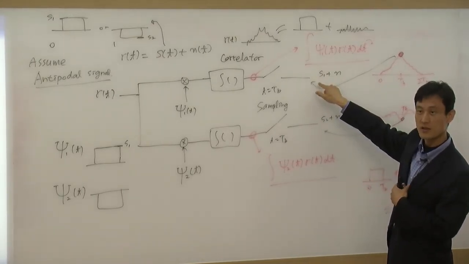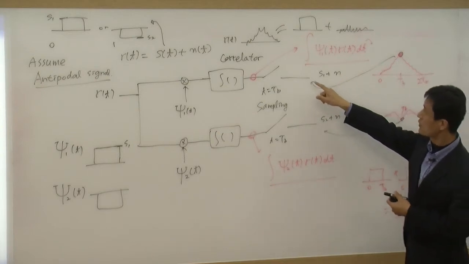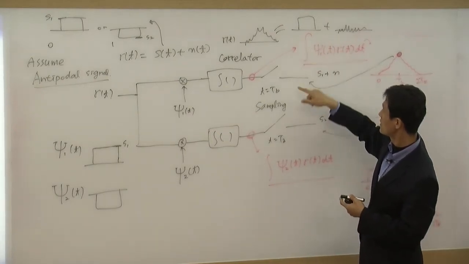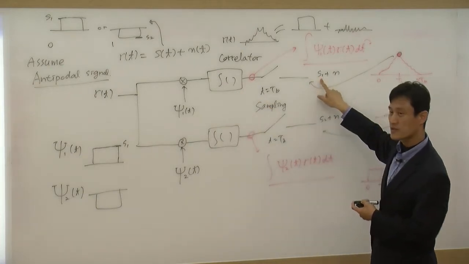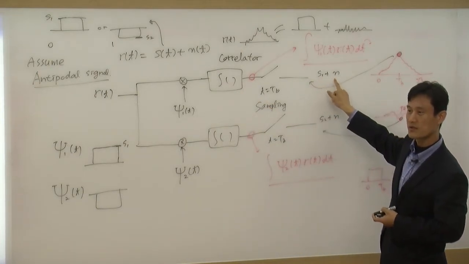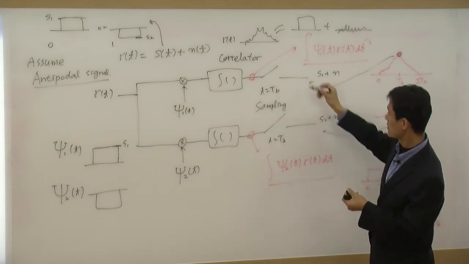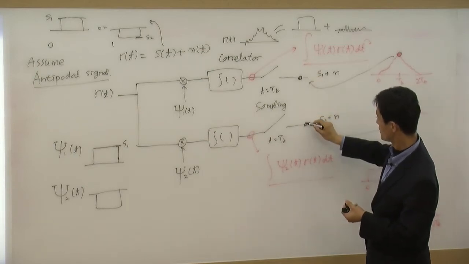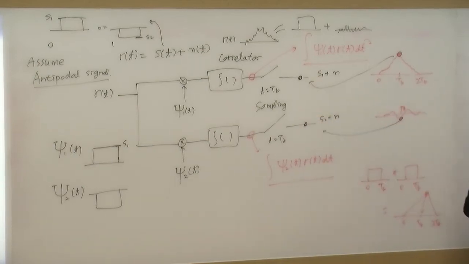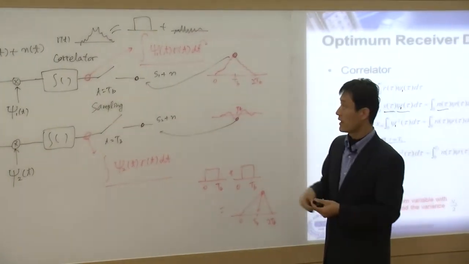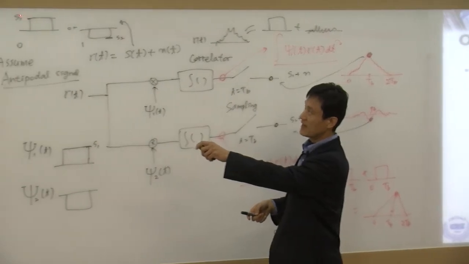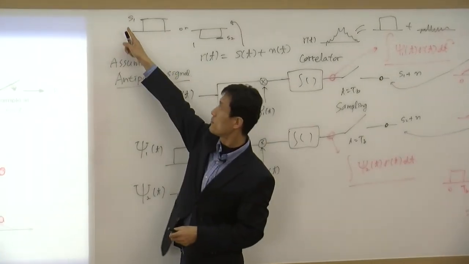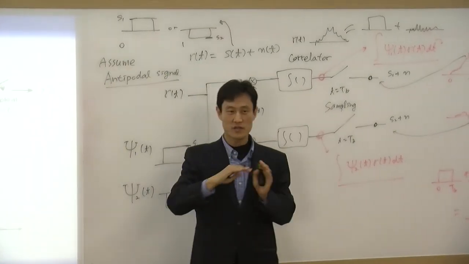Same S1. But because we have noise, we are not going to get perfect S1. We're going to get S1 plus noise. So here, the value is going to be a random variable. S1 is a constant because once you decide S1 is plus 1, then it's always plus 1.